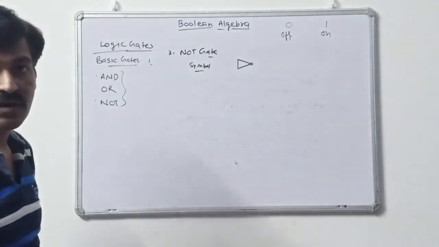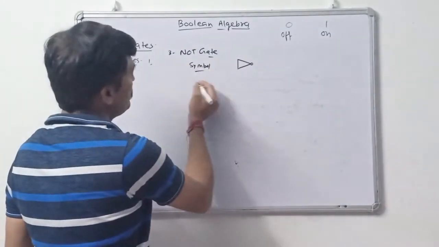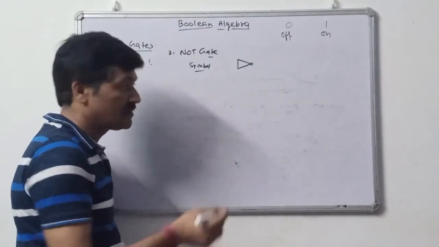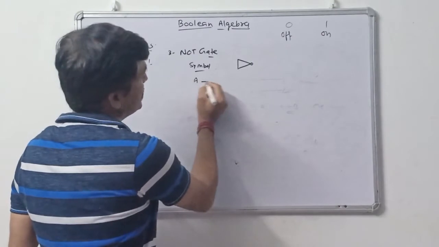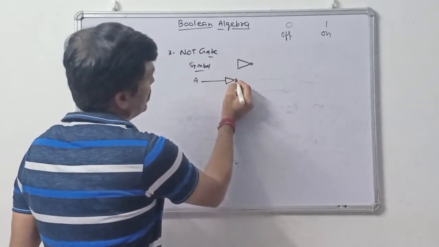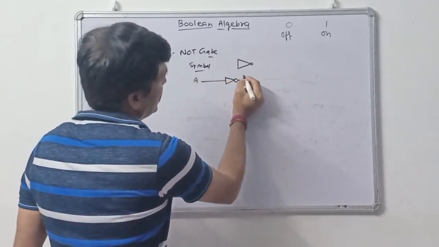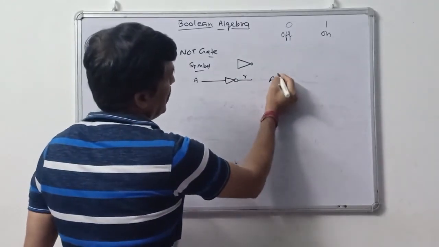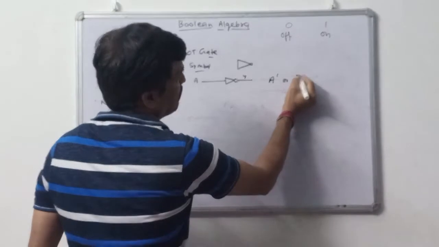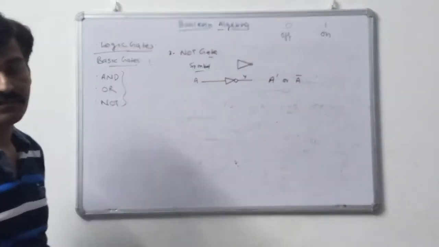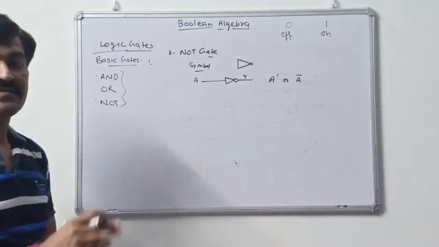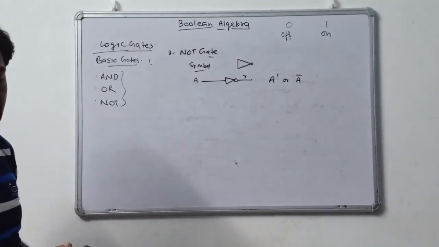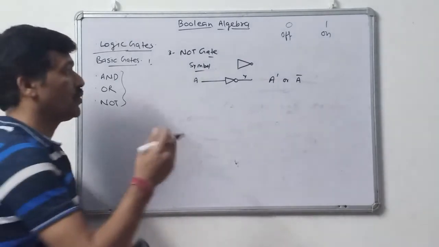This is the symbol of NOT. It always takes one input and returns one output. If A is the input, then in the result it will be A bar. That bar represents NOT A. If 0 is the input, it turns into 1. If 1 is the input, it returns 0.